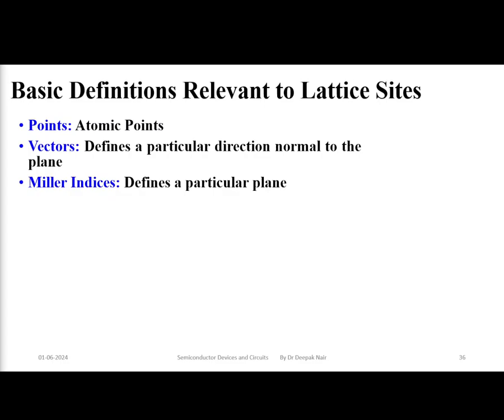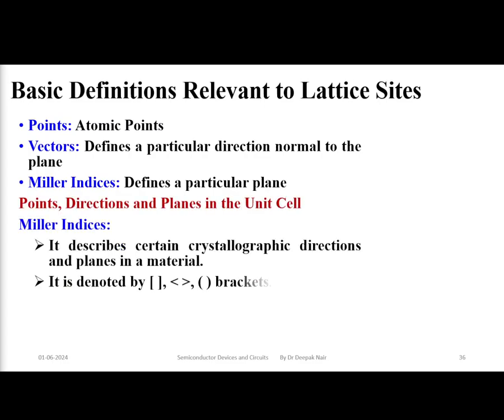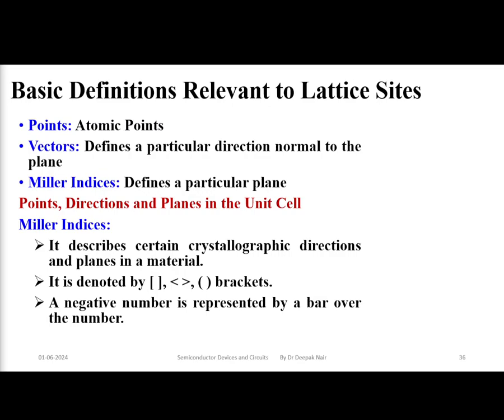Let us go a bit deeper and clear these points. First of all, Miller indices were proposed by a scientist, Miller. It describes certain crystallographic directions and planes in a material.